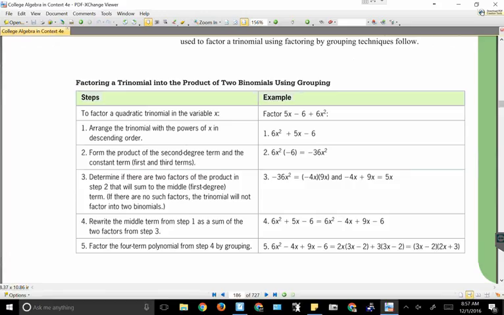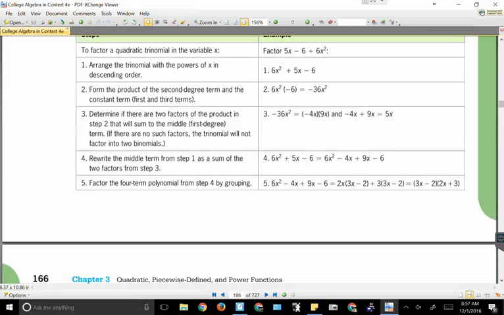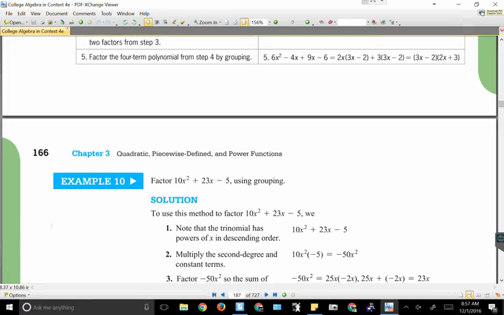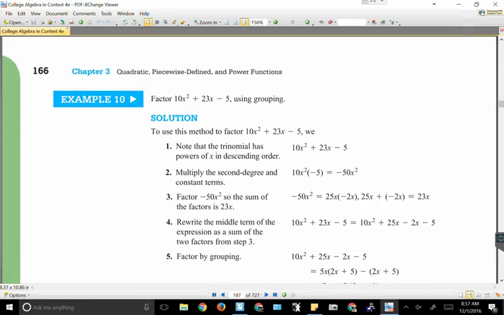So they give us some information here as to how to go through and factor these things out. It's helpful, sometimes not so much, sometimes yes it is. So we're going to try this one out here.